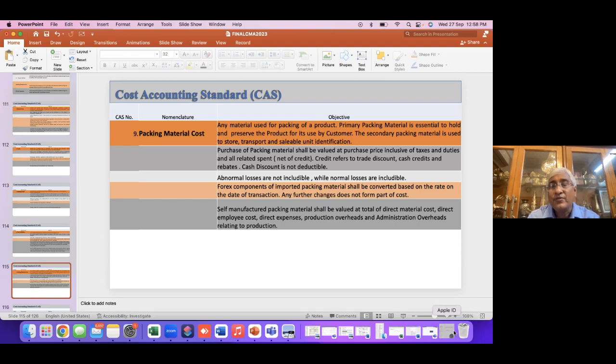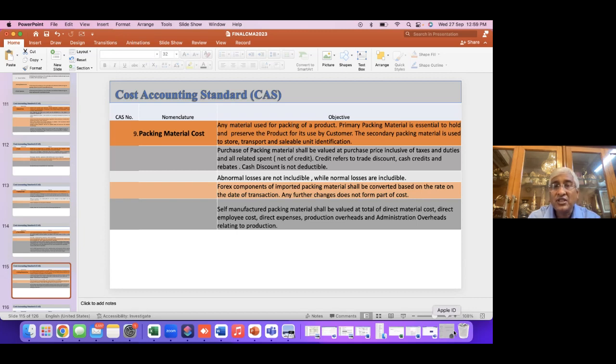packing. So secondary packing material is used to store, transport, and for sellable unit identification. The example which I have just now given. Purchase of packing material shall be valued at purchase price inclusive of taxes, duties, net of credits. Credit refers to the trade discount, cash credits, and rebates.